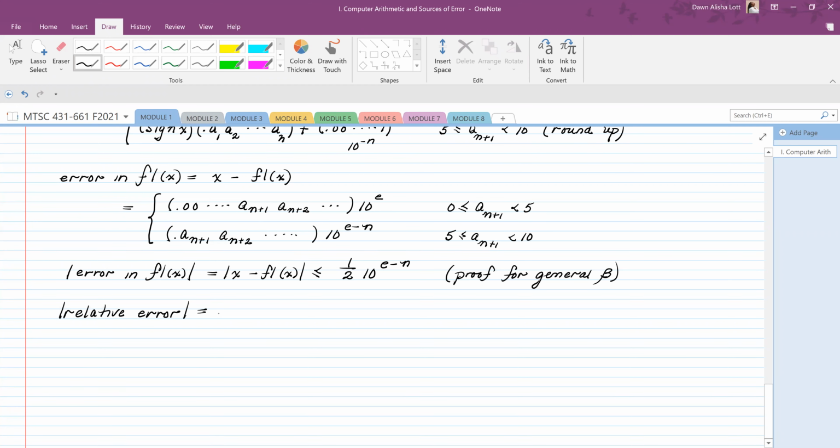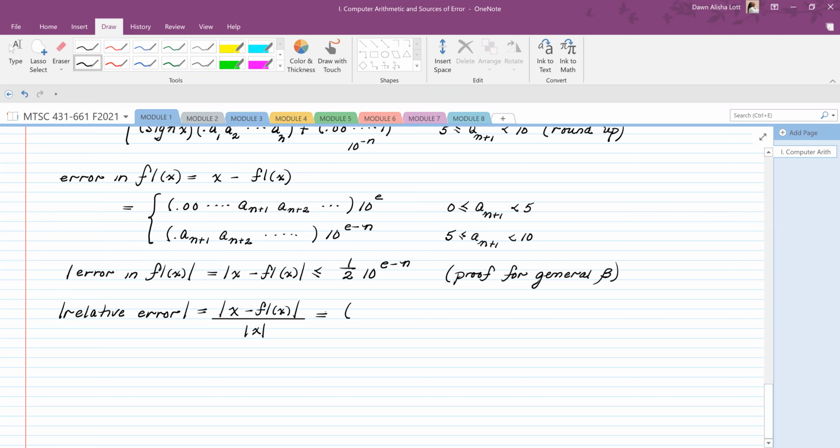That's just to take the true error and divide that by what we're supposed to get, which is x. So therefore, which one am I using?